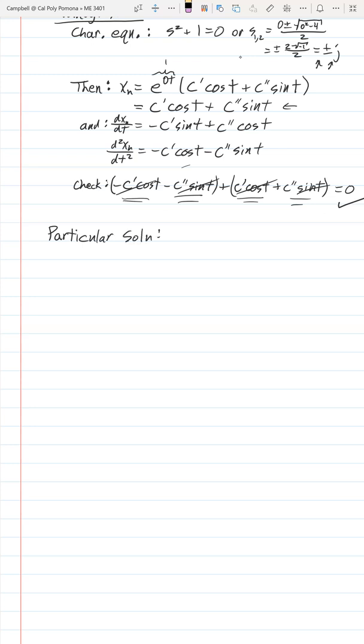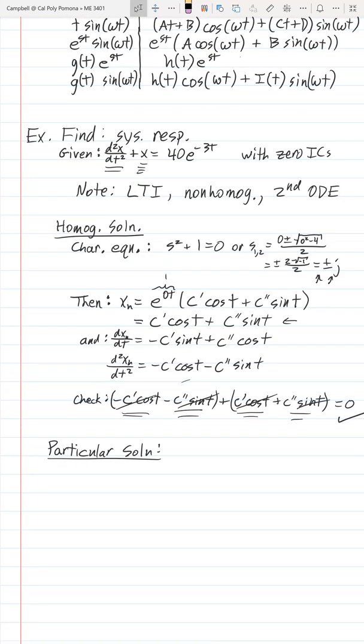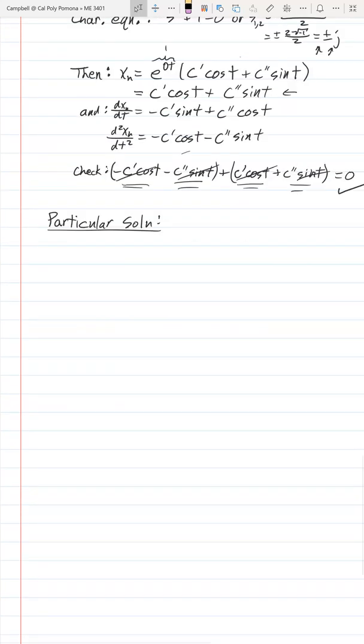And so for this particular solution, we can see up here that we are exciting this system with an exponential form, or an exponential forcing function, specifically exponentially decaying. And so then the general form for 40e to the negative 3t, let's do an arrow actually, because we're talking forms.